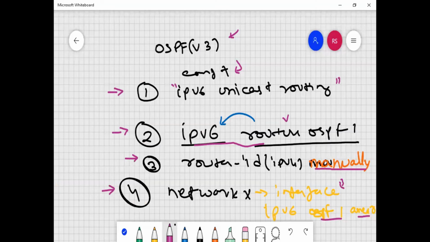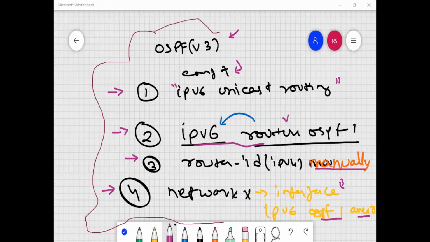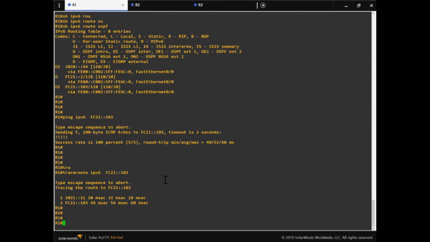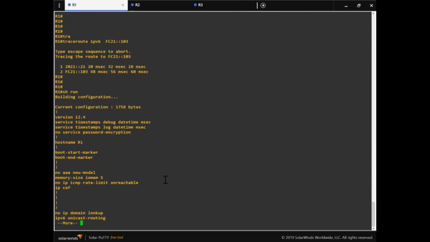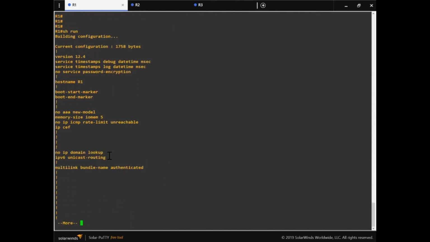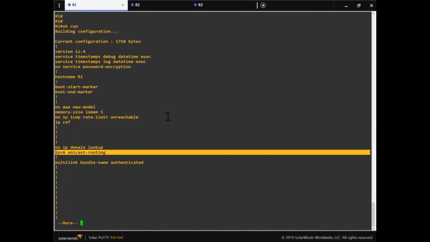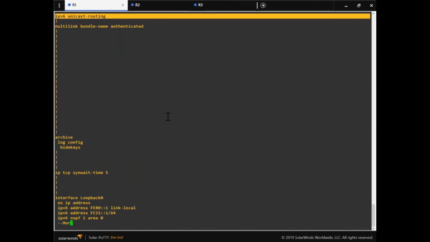So what I did is, Raj, let me show you. I just performed the IPv6 routing as per these particular steps which I explained earlier. Let me show you the same thing again. If I go over here, show run, I just added the IPv6 unicast routing command so that my routing should be enabled.